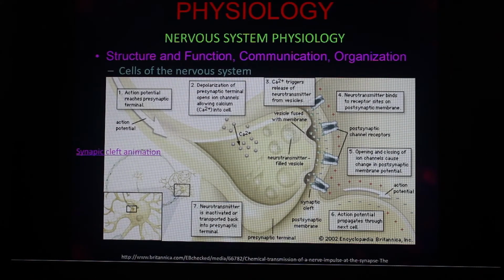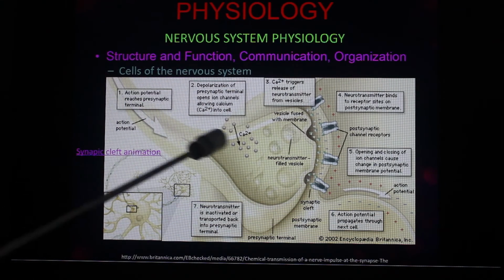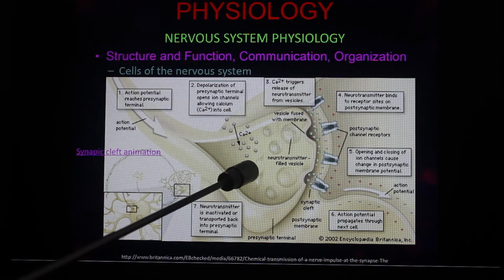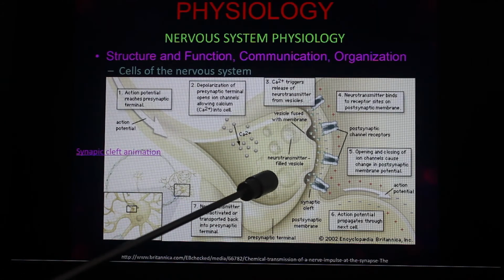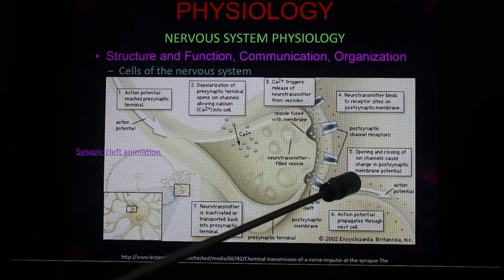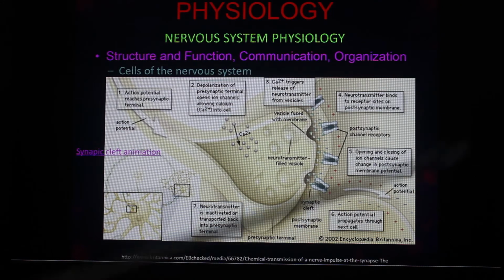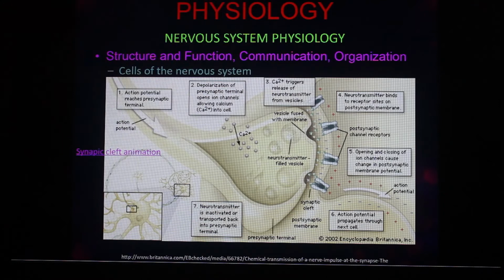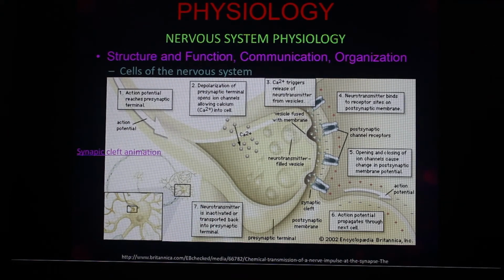It is mostly in the central nervous system. And then the neurotransmitter is inactivated or transported back into the presynaptic terminal, and the duty of this cell for transmitting the signal is over here, and this one's duty begins to transmit the signal to the other neuron, until it reaches the central nervous system.